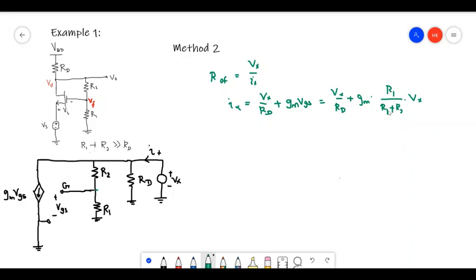So I can take Vx out from this, and I need this ratio, so it is very easy, right? So Ix is equal to Vx times 1 over Rd plus R1 over R1 plus R2 times Gm.